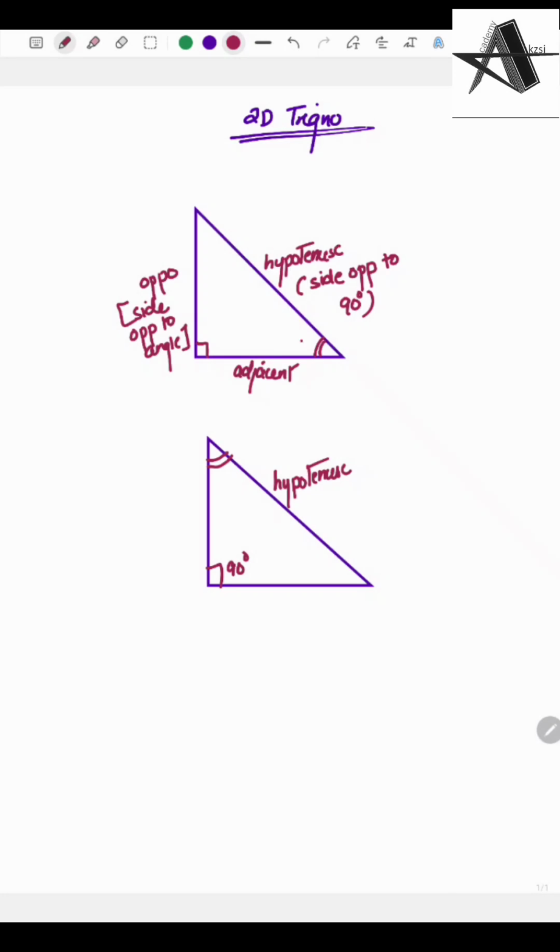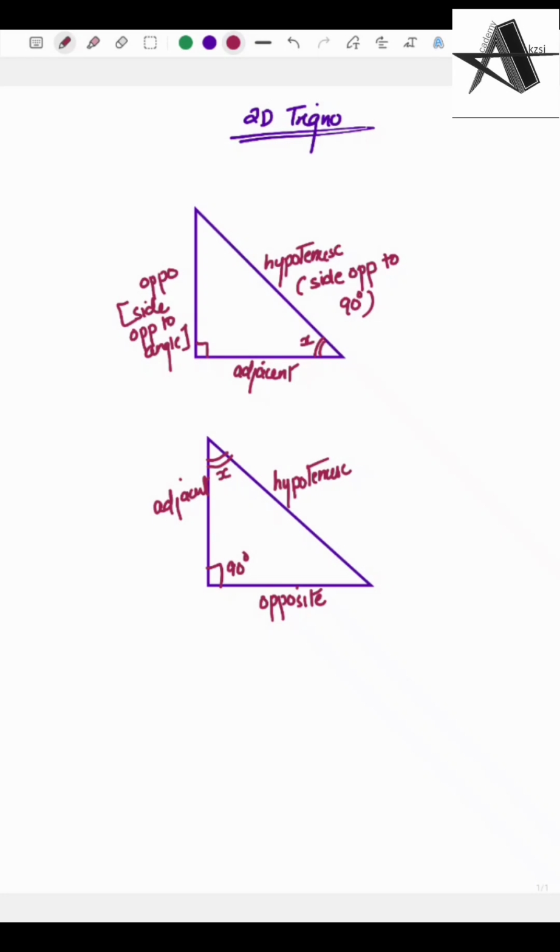If they are asking for this angle x, the side which is connected with this angle is going to be adjacent, as the name suggests, just adjacent to it. The side opposite to the angle is going to be opposite. This is very important to know: which one is opposite, hypotenuse and adjacent.